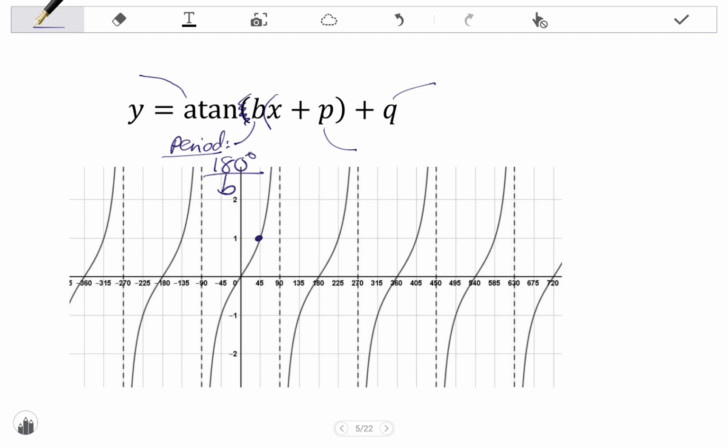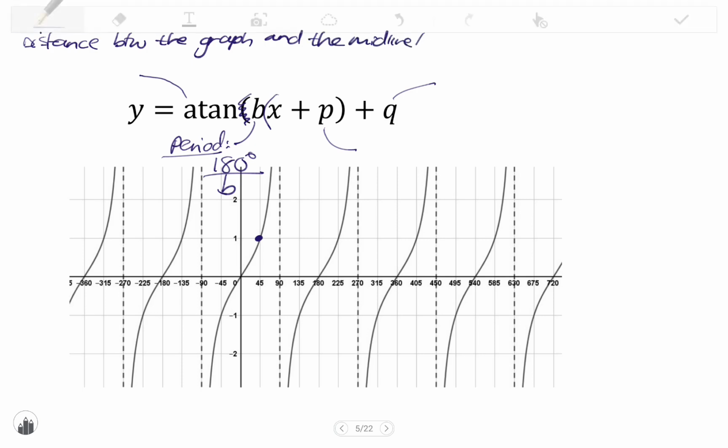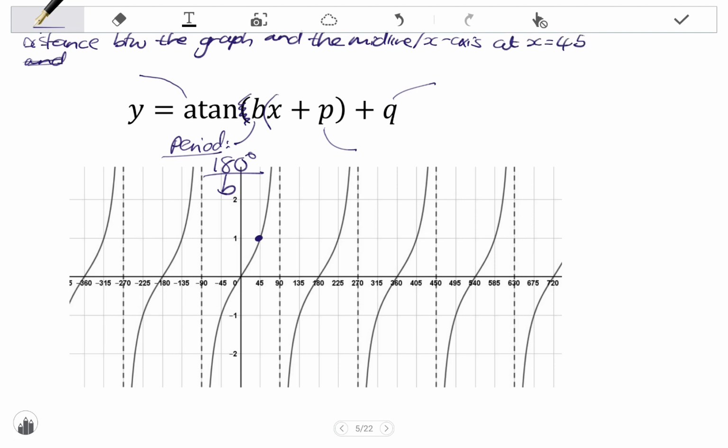So I'm just going to say that again and write it down. A tells us the distance between the graph and the midline, which is the x-axis if the graph has not been shifted vertically, the distance between the graph and the midline at x equals 45 degrees.